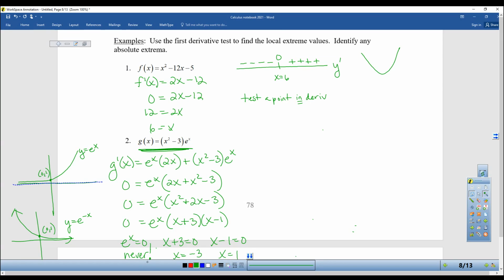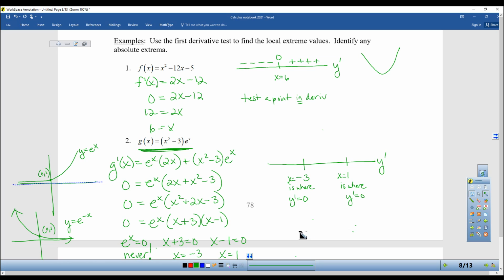So luckily, this is never equal to 0. It's always positive. So when I put things on my sign chart, I don't need to worry about it. -3 and 1. This is labeled y prime, because eventually we're going to have a y double prime sign chart. So -3 is where y prime is equal to 0, and x is equal to 1 is where y prime is equal to 0.